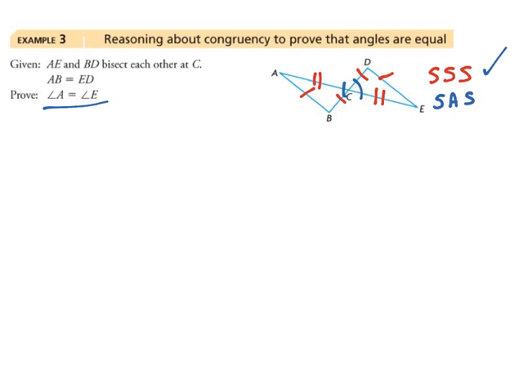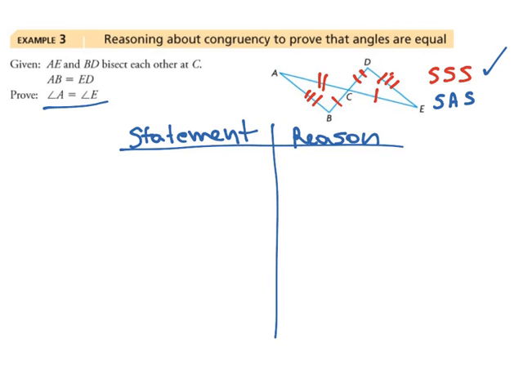So this is the type of plan you should have before you attempt these congruency problems. So I'm going to set up a table first. So here's your picture. I'm just going to have the statements to show that it's going to be SSS. So first, be careful, AC is equal to CE. And it's given in the question, bisecting.